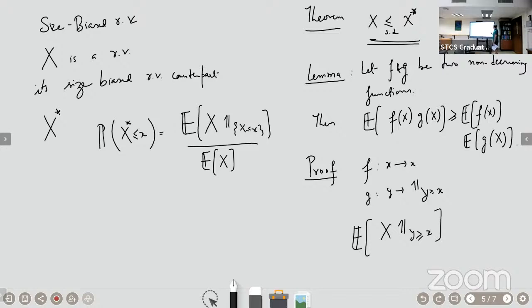Is this greater than or less than? It's just the probability of what. Which one? Is the sign there correct in the definition of stochastic pairs? Yeah, x less than.